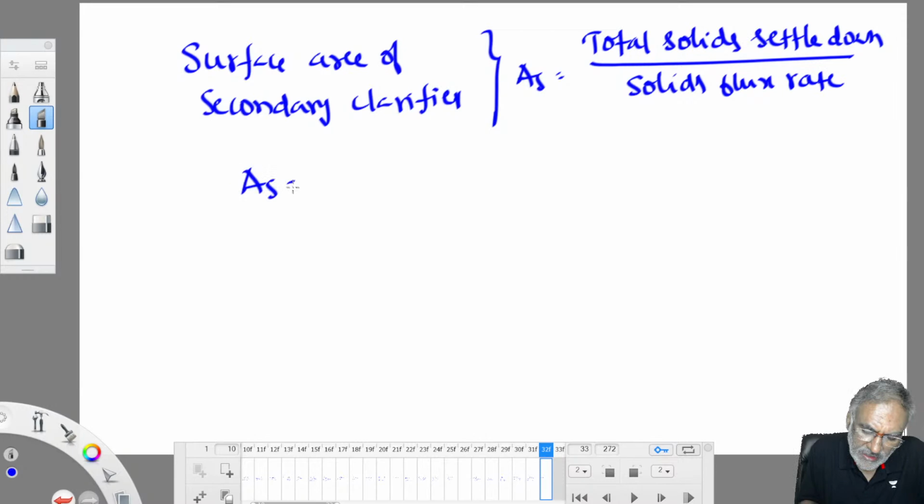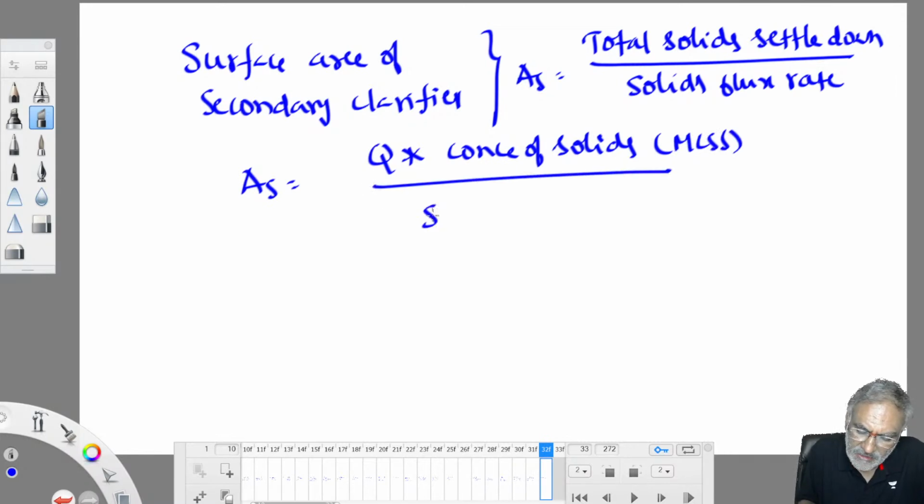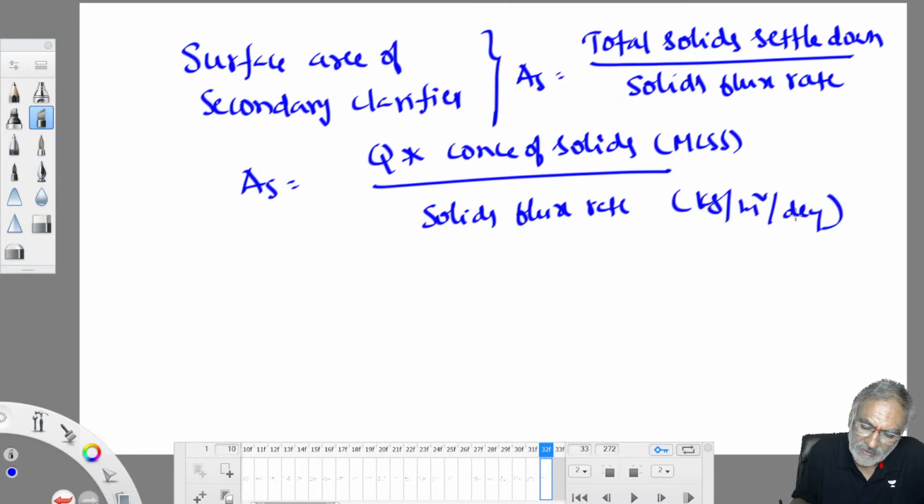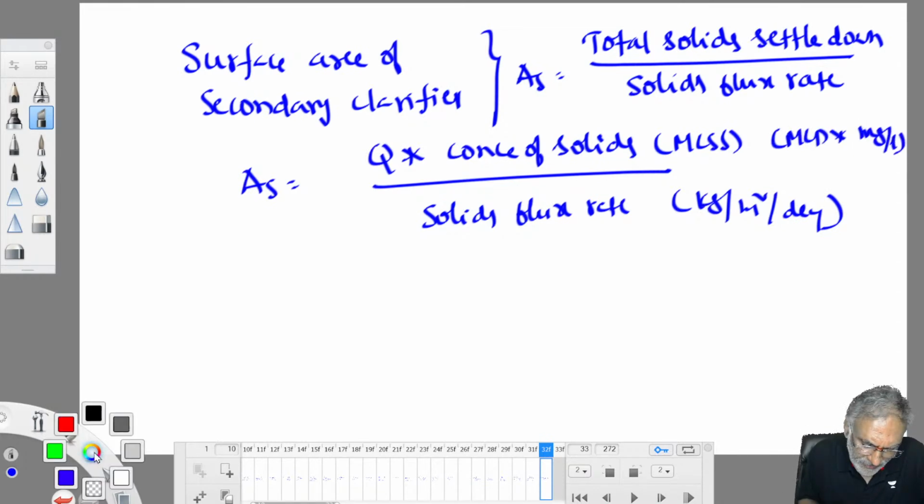So the total solid settled down is nothing but Q into the concentration of solids. What is the solids? MLSS, mixed liquor suspended solids, divided by the solids flux rate. See the units. Normally the solids flux rate will be given in kilograms per meter square per day. And this is Q in MLD into concentration in milligram per liter, and this product becomes kilogram per day.